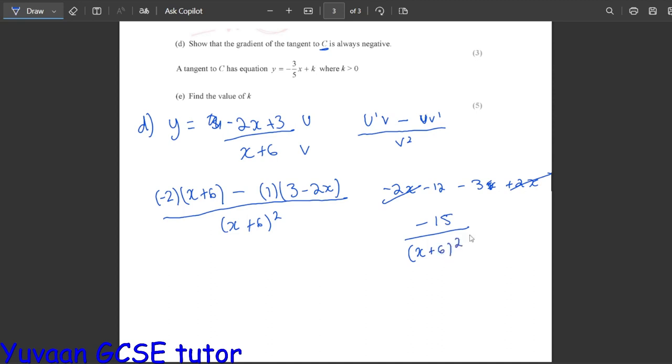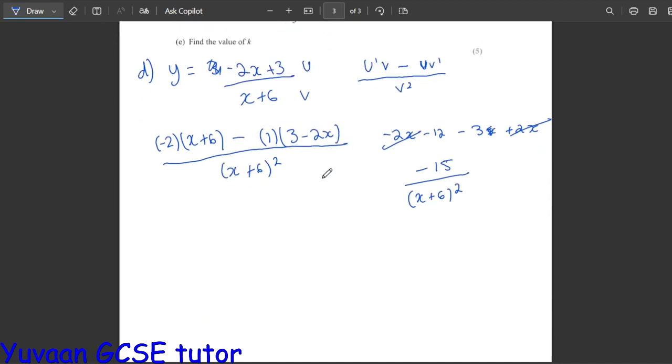So now how do we prove that the gradient of the tangent will always be negative? The numerator is negative. The denominator will always be positive no matter what we substitute in there, because any negative number squared will give you a positive result, right?